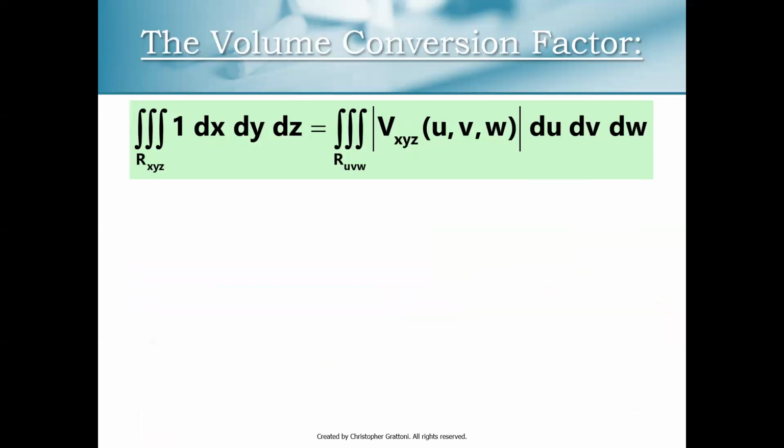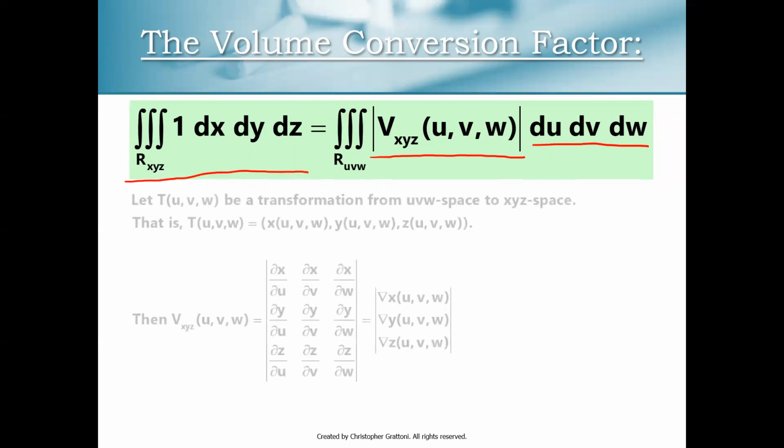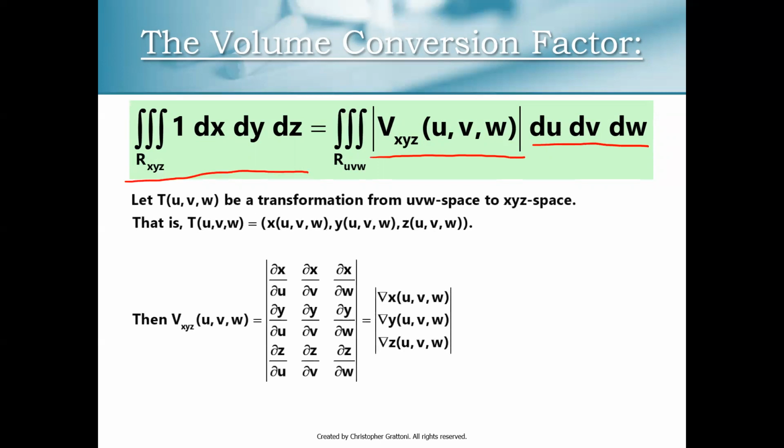All right, so just to generalize this, if we want to compute volume in 3-dimensional space and we want to use a change of coordinates, that's fine. You could switch over to UVW space. You just have to make an adjustment here by putting in the absolute value of a volume conversion factor, basically to account for the fact that we have non-volume preserving maps between XYZ space and UVW space. And in terms of our volume conversion factor, it is the same exact idea that you guys saw in the 2-dimensional case.